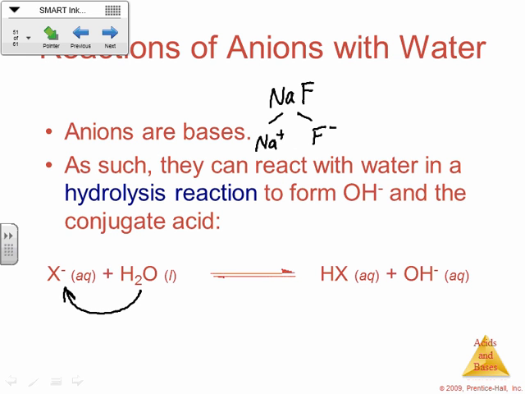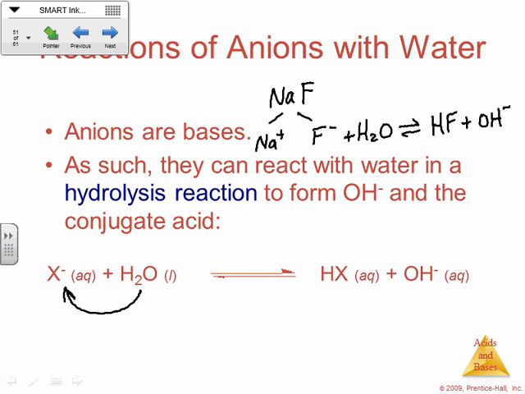Now the Na plus is just floating around in there and doesn't really do anything. Again, we'll talk about that in a second. But this F minus can react with the water, and then you end up with HF and OH minus. So you put NaF, sodium fluoride, into water, and it's going to make the solution more basic. That makes sense?